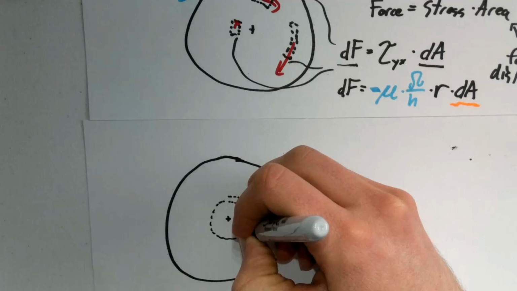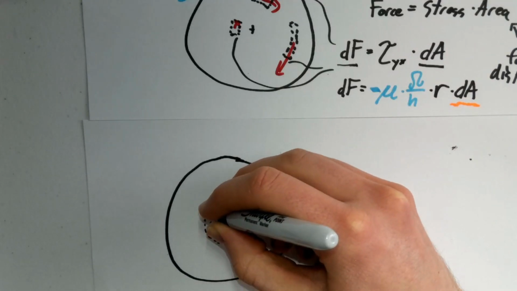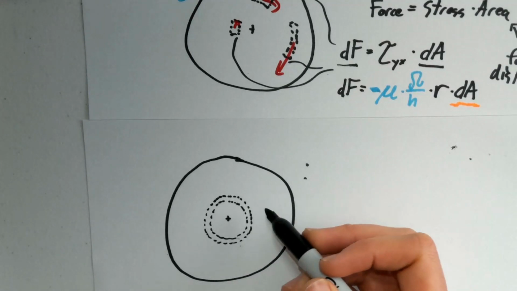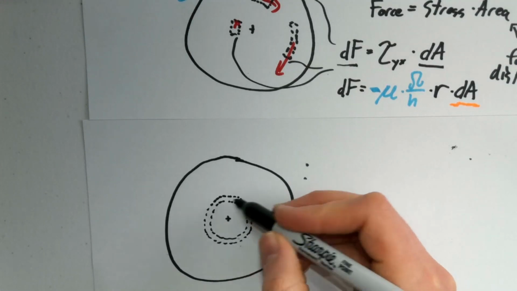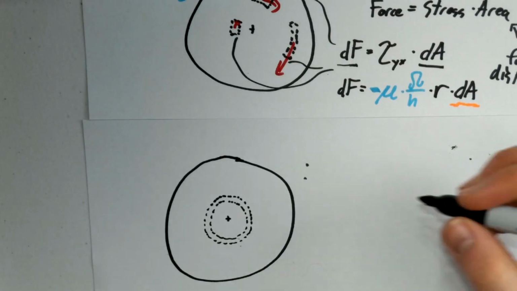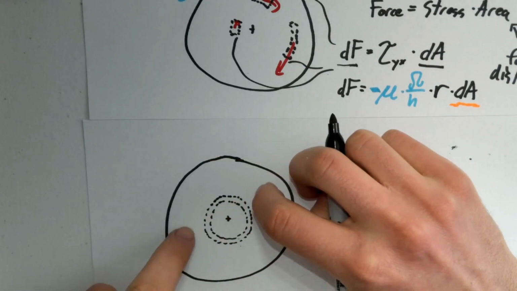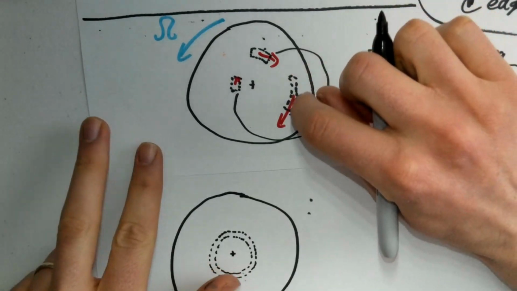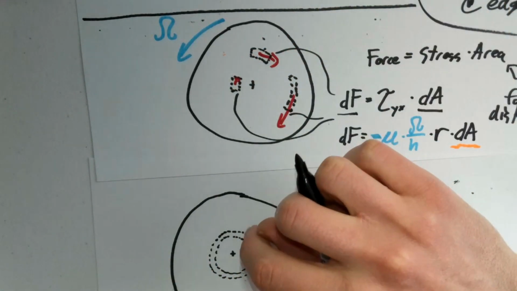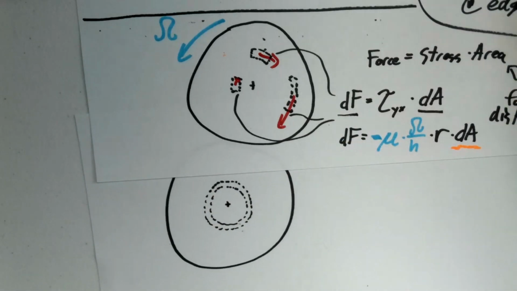Maybe in Calculus 1, you might have done integrating to figure out the areas of a circle, right? You might have done shells or something like that. We can break up this disk not into weird little segments like this, but let's actually make our segments rings like this.